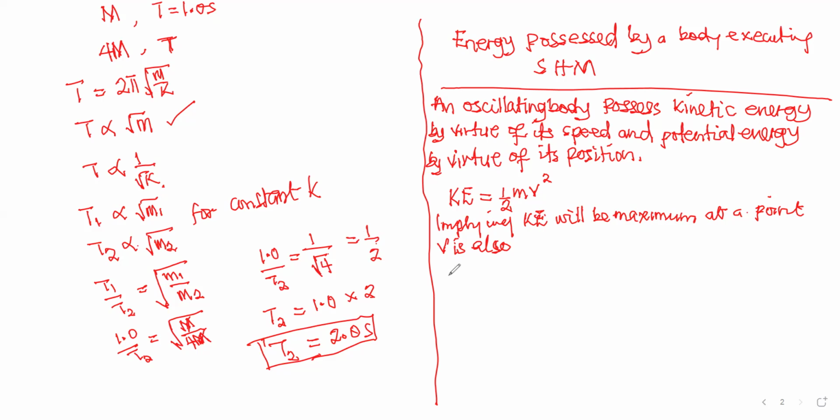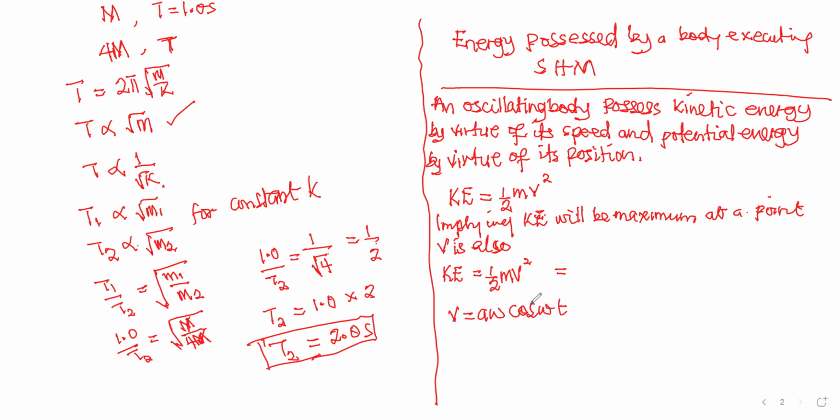Now, kinetic energy KE can be expressed as half mv squared. But let's look at V. Velocity with respect to time is equal to A omega cos omega t.